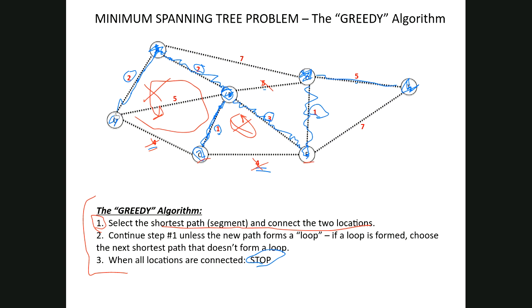So we would have to go up to A, then to B, and then to C. Clearly, that's 2, 2, 1, a total length of 5, which is longer than 4. But you definitely can get there along the pathway. And in fact, you can get to every other location along a paved pathway. It might not be the most direct, but you can get to every location from every other location.